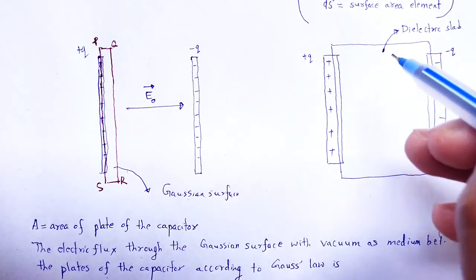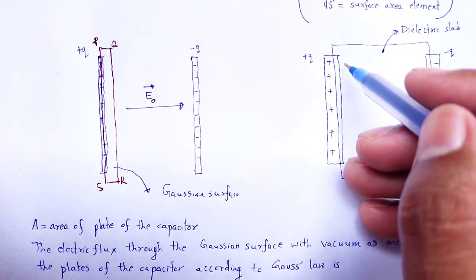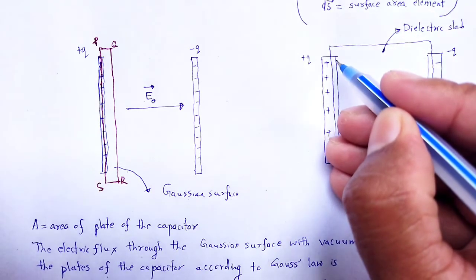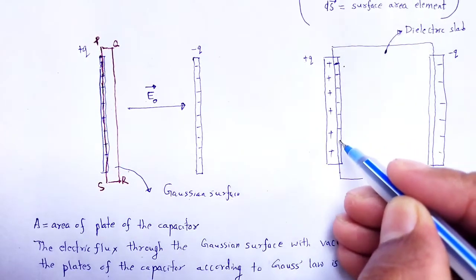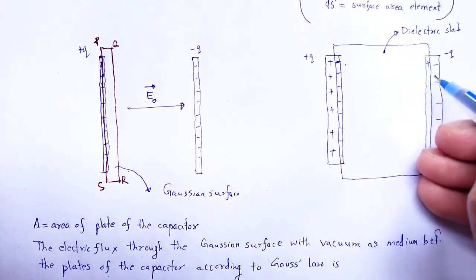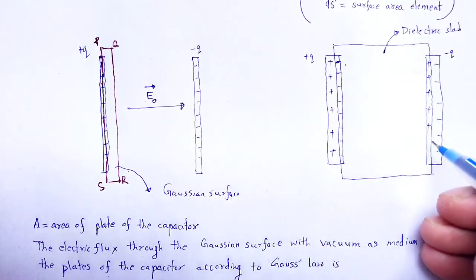By the process of polarization, at that end negative charge is developed, and at that end positive charge is developed.